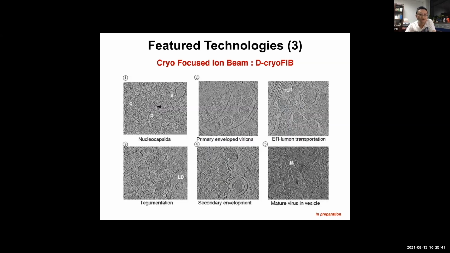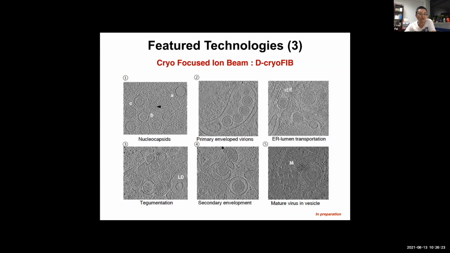Using our D-cryo-FIB technology, we can study the maturation process of murine herpes virus in the cell, and we can see the nuclear capsid maturation in the nucleus, and its primary envelope formation in the cytosol, and its interaction with ER. And we can also visualize its secondary developmental process and see the mature virus in the vesicle.